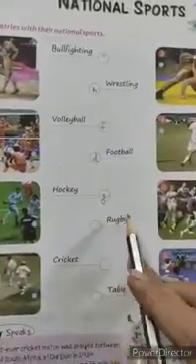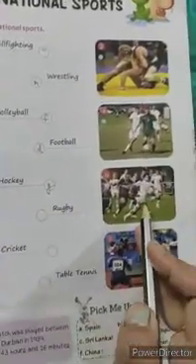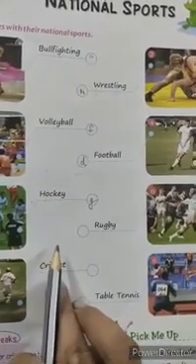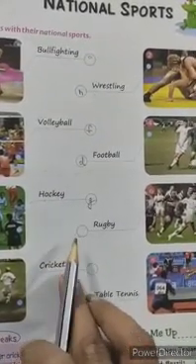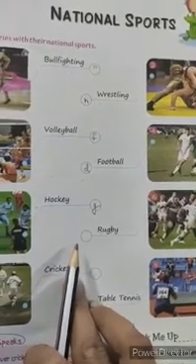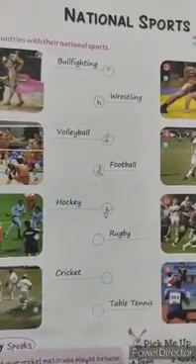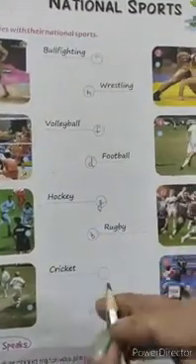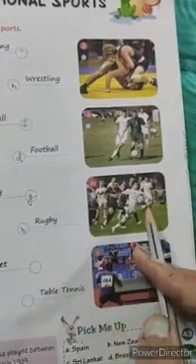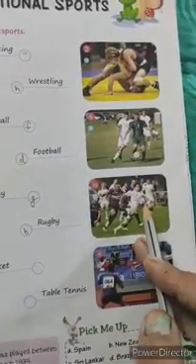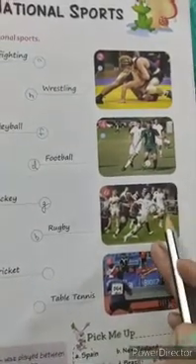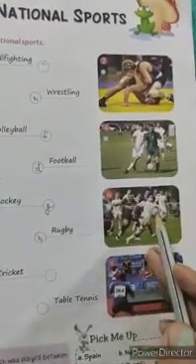Now, rugby. Rugby is a national sport of New Zealand. So we will write over here B. What happens in rugby? You can see here in the picture that a sportsperson is holding a ball and he is running and all the members are running behind him.